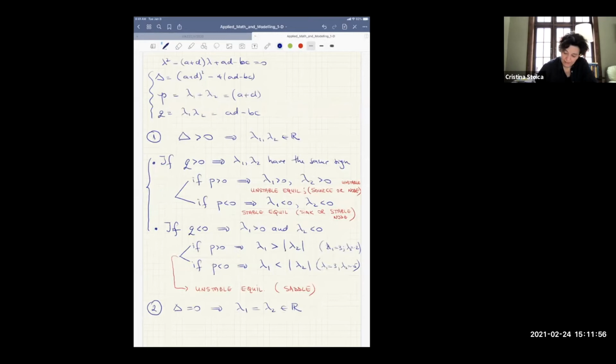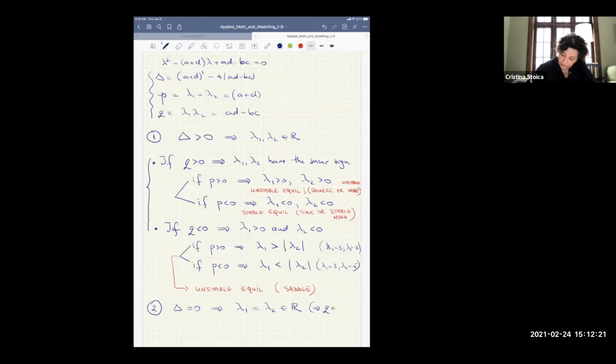Okay. And now you have something like, basically you have to look, I think, only at the sum, right? Because the product will always have the same sign, because if they're equal, they're either both positive or both negative, right?